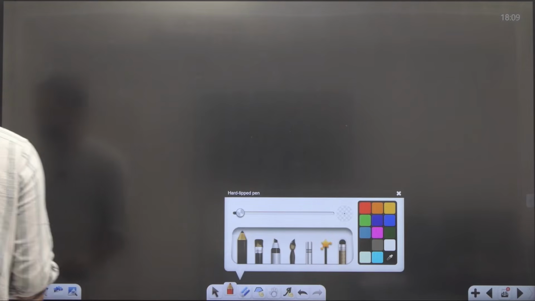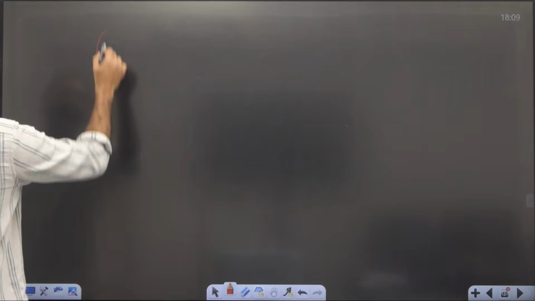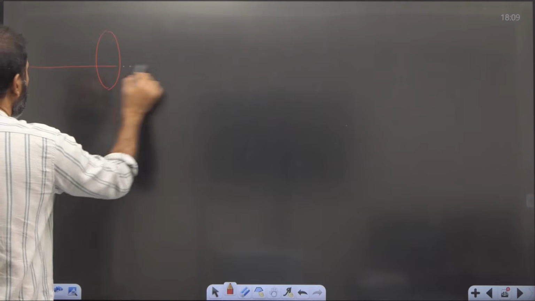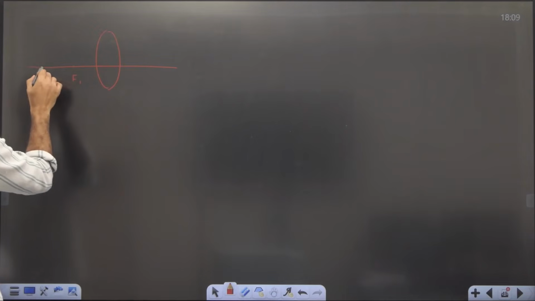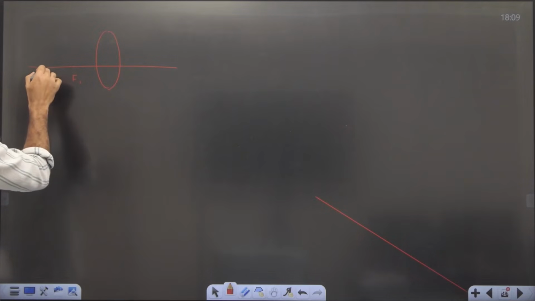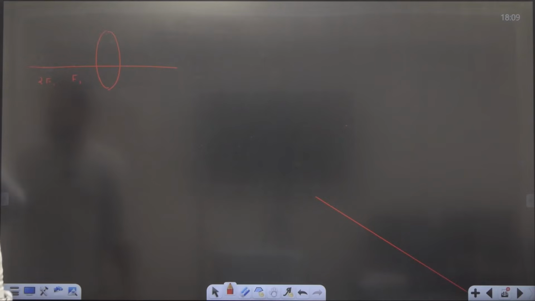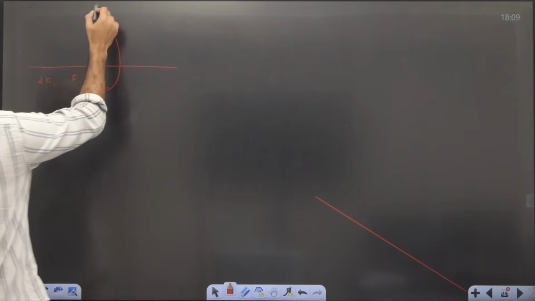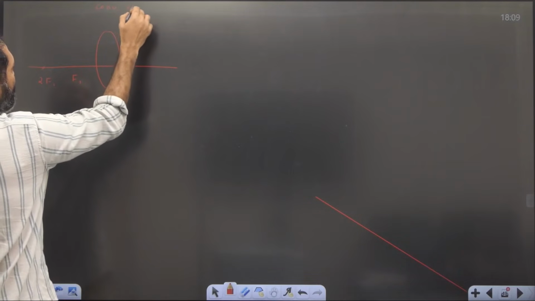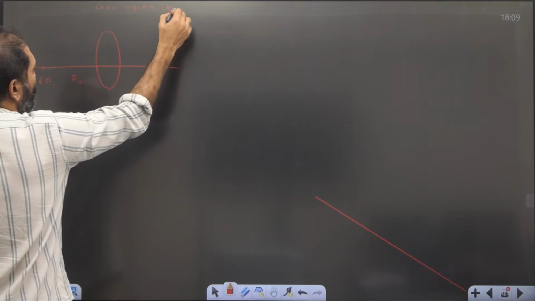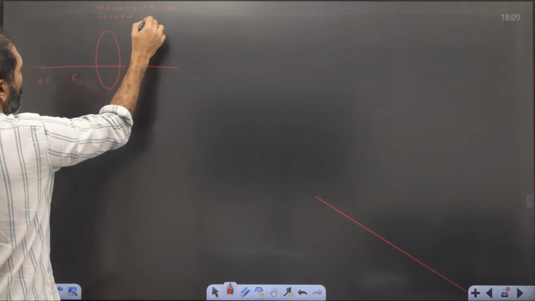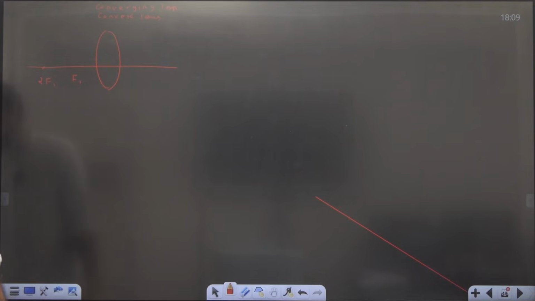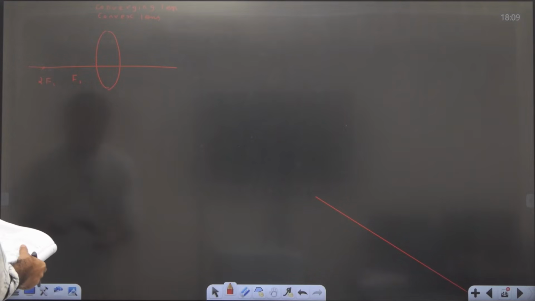So what are the given data? We are using a convex lens. This is F1. This is 2F1, where the object is placed. An object of 5 centimeter length is placed 25 centimeter away from a converging lens. Converging lens means convex lens, of focal length 10 centimeter.